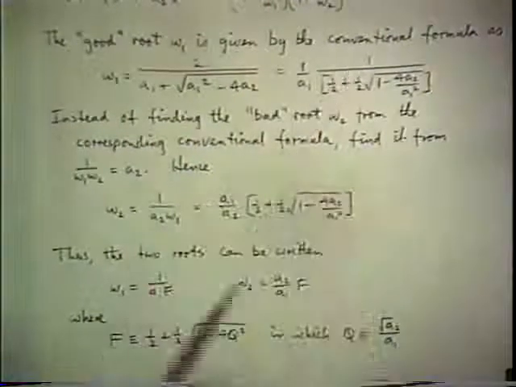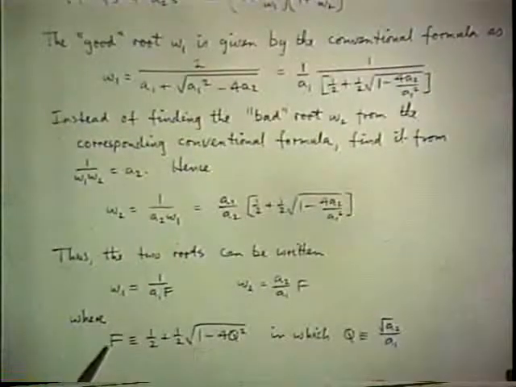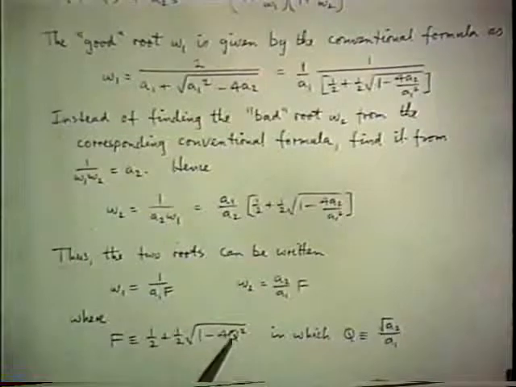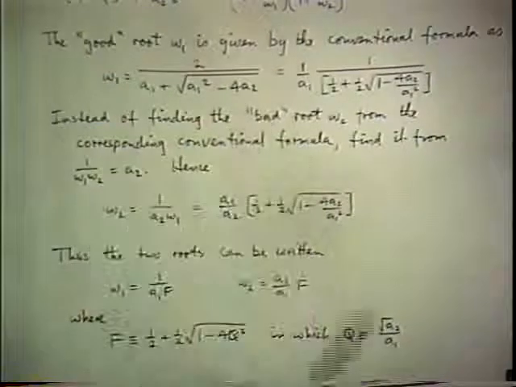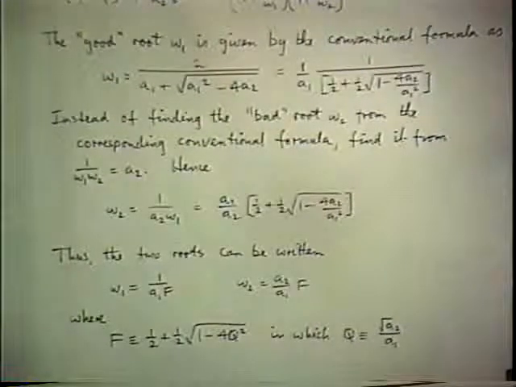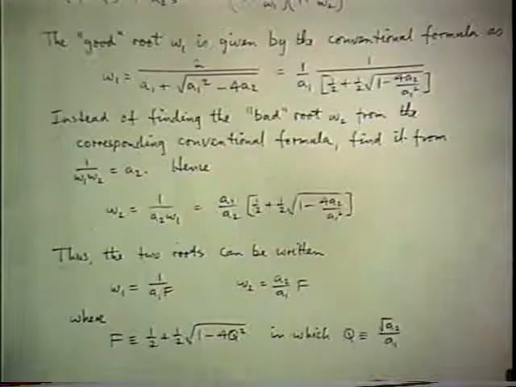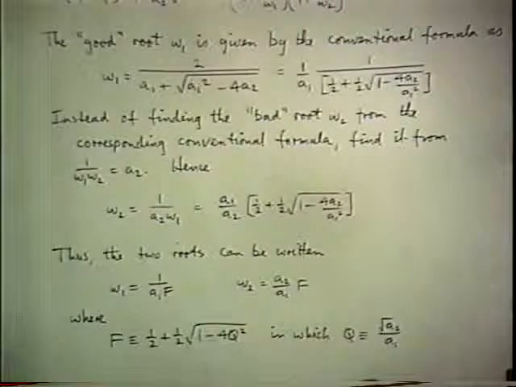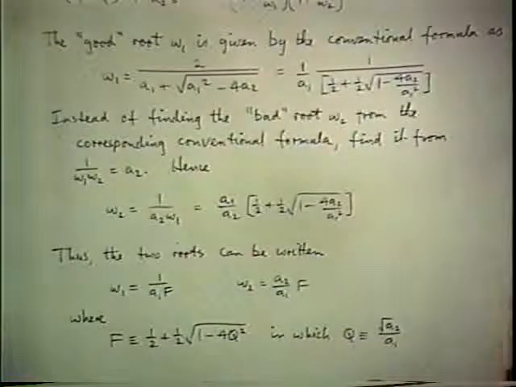The entire square bracket I just defined as some function f of q, and q is defined in terms of the A1 and A2. The q is the single parameter that determines whether the roots are real or complex, and I chose the symbol q because it is identical to the q of an RLC tank circuit. That's how it shows up.